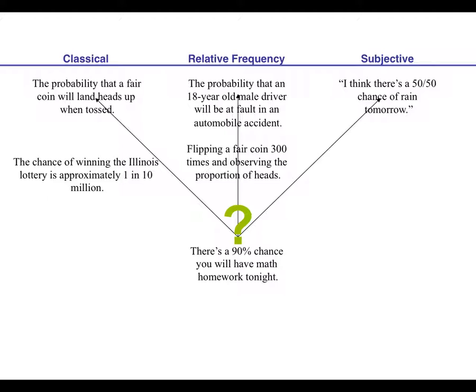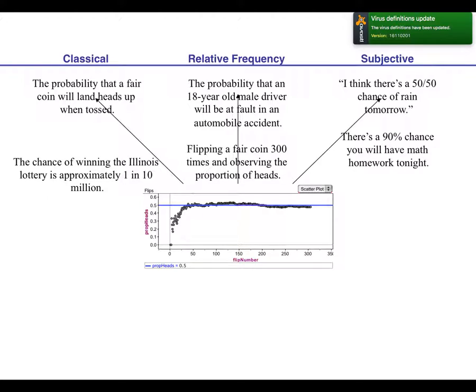So if I found a coin on the ground and I wanted to know what's the probability of flipping a head, I would want to flip the coin a lot of times. I don't want to just flip it 10 times, I want to flip it 1,000 times. So the larger your sample is, the closer you're going to get to the true probability. Here's an example.